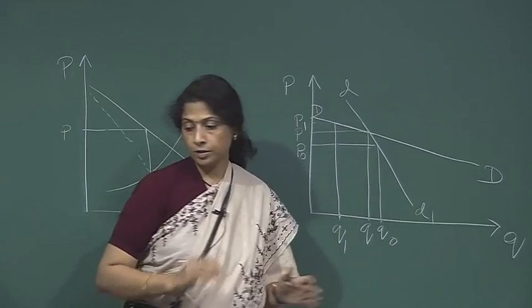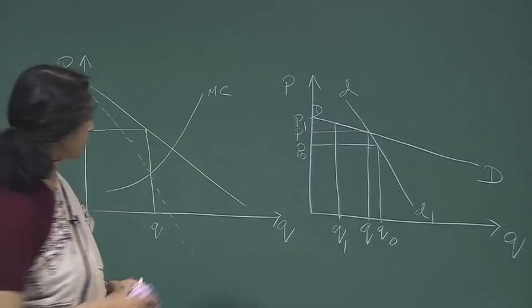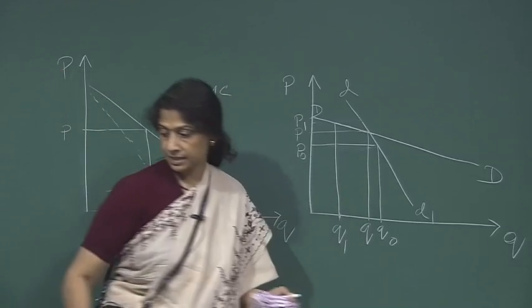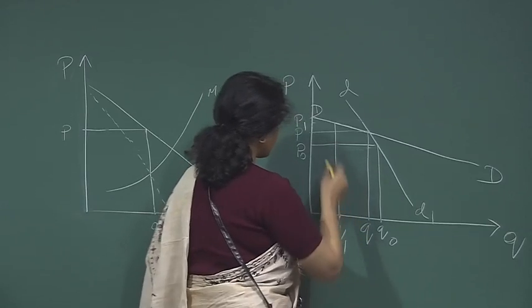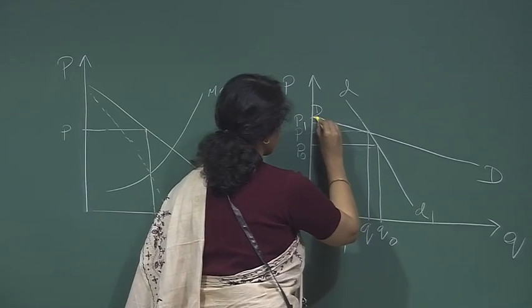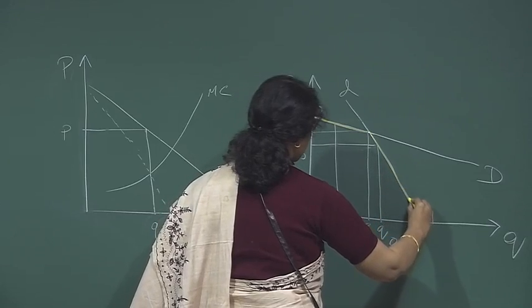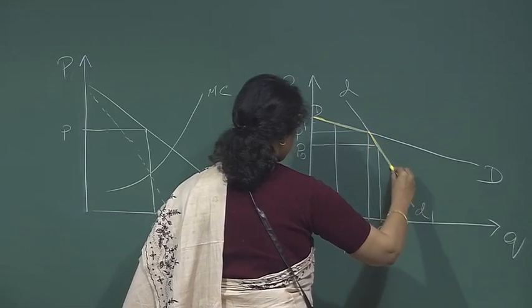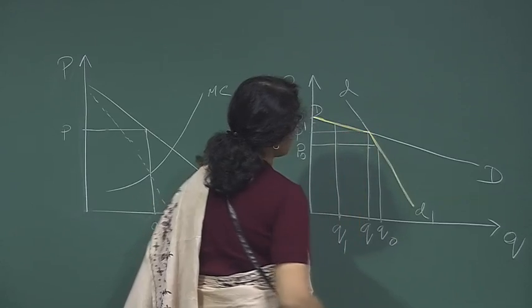So if the market starts from a stable price quantity combination, in that case the demand curve facing each of the firms is a kinked demand curve. It looks like this.